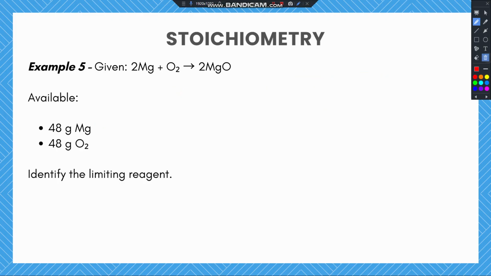So let's write that out. For magnesium, we have 2 moles. How about for oxygen? The mass divided by the molar mass. The mass of oxygen is 48. The molar mass for oxygen is 32.